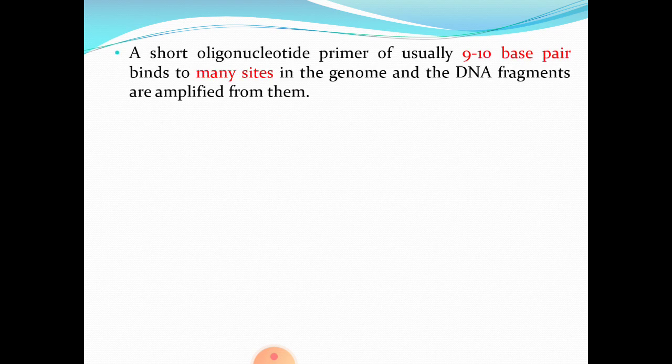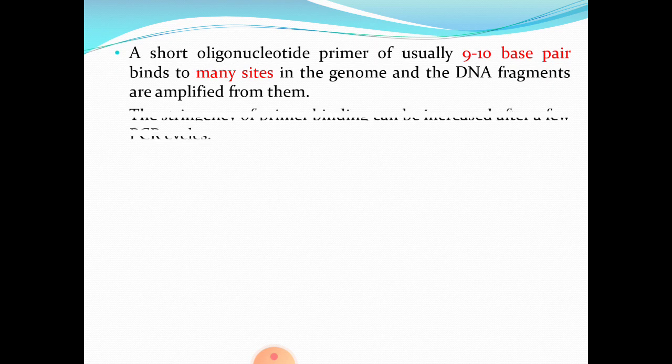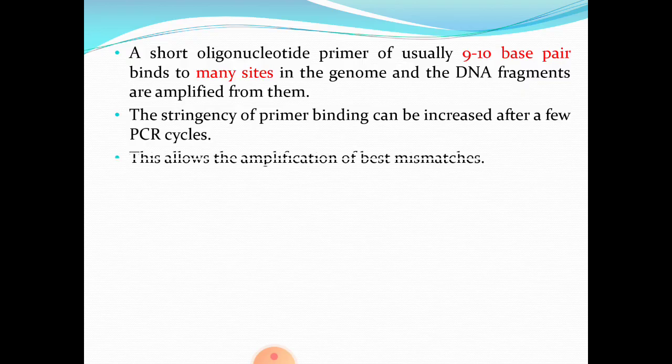So a short oligonucleotide primer of usually 9 to 10 base pairs binds to many sites in the genome, and DNA fragments are amplified from them. Then, the stringency of primer binding can be increased after a few PCR cycles, but initially in RAPD you have to keep stringency a little lower, and that is done by keeping a higher concentration of magnesium ions, right?